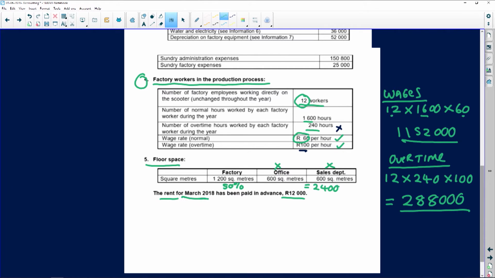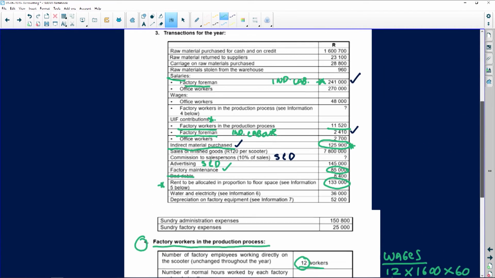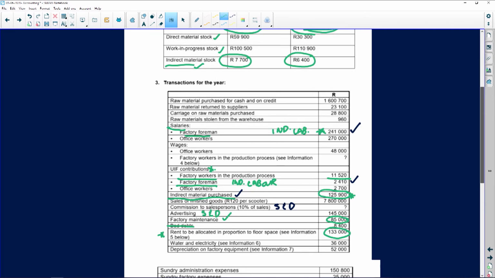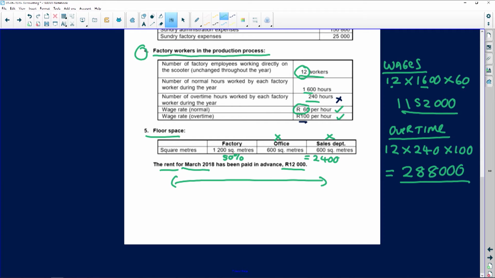So March 2018, if I had to quickly draw my financial year, so if you look at your current financial year, okay, the year starts on the 1st of March 2017, ends on the 28th of Feb 2018. So let's just write that down, 1st of March 2017, 28th of Feb 2018.